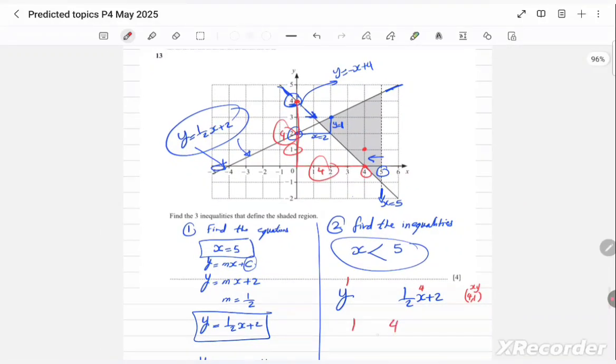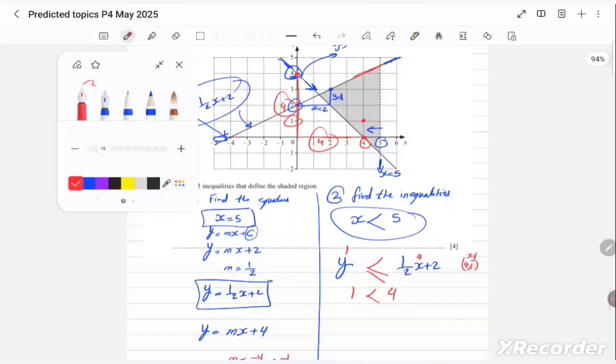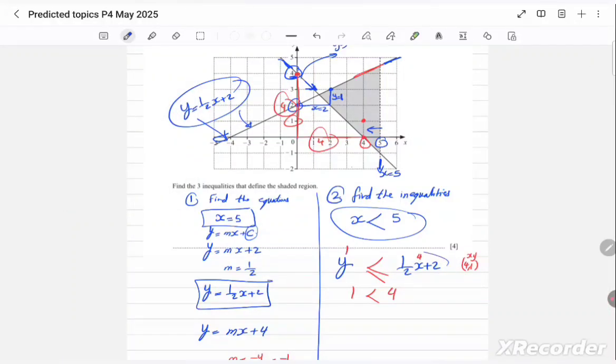So 1 and 4. So you should say 1 is less than 4, right? So this one is less than. And as we mentioned before, since this line is solid, I will write equals. So this is our second inequality.